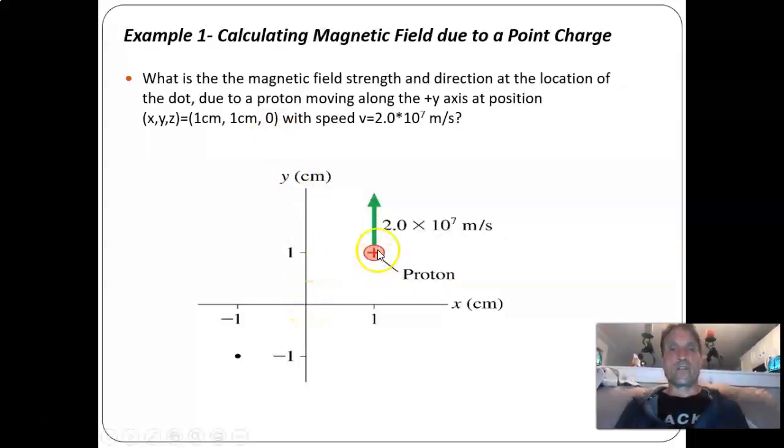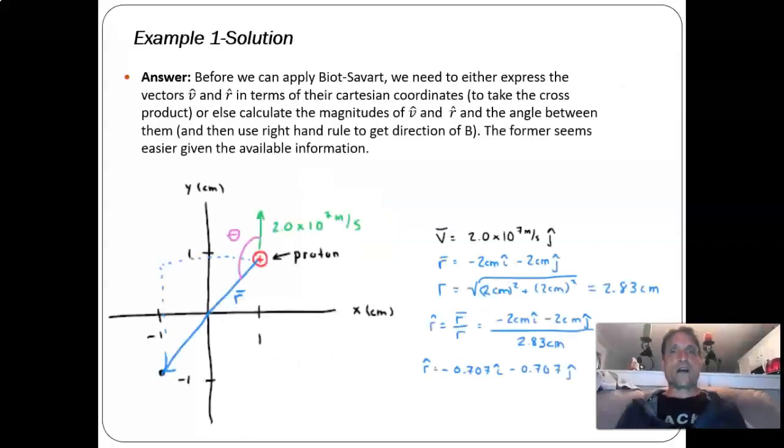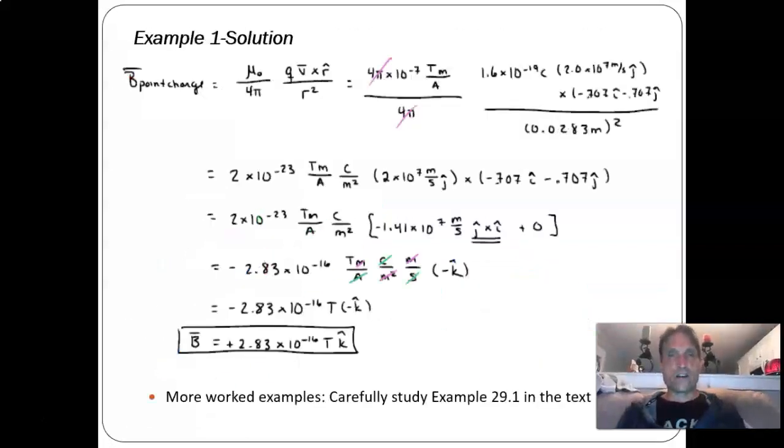So here's the charge. It's at this position and it's moving along the positive y-axis. And what we want to do is determine the magnetic field at the dot here, at the location x equals negative 1 centimeter, y equals negative 1 centimeter, z equals 0. We want to know the field magnitude and the field direction. So we need to apply Biot-Savart. So as always here, we look at the equation here.